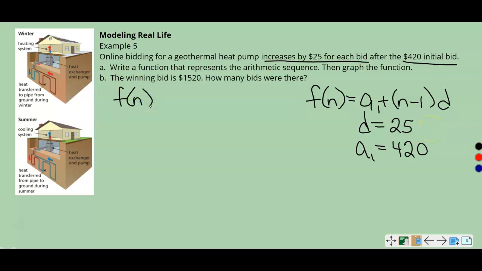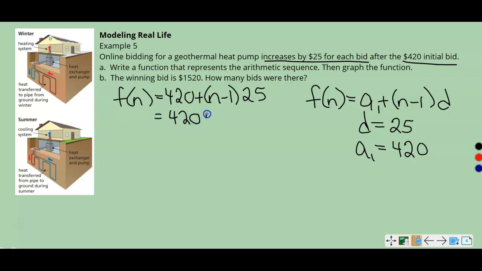So f of n equals our first term, 420, plus n minus 1 times 25. Then we can use the distributive property to multiply the 25.